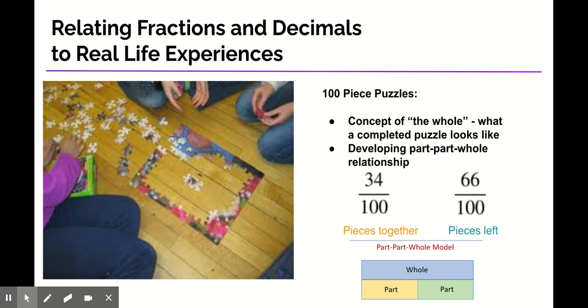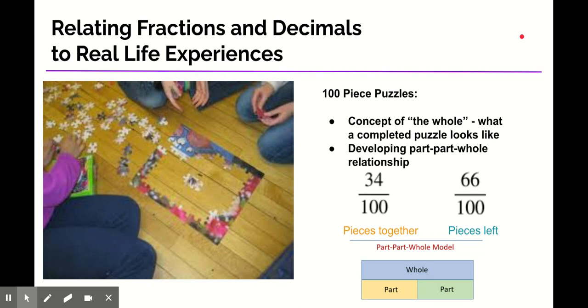Within the example that's given here, students have the ability to relate puzzle making to the concept of decimals and fractions. So when we say that we are going to build a whole puzzle, the completed puzzle is the whole. As they start to develop this part-whole relationship, they start putting the pieces of the puzzle together.